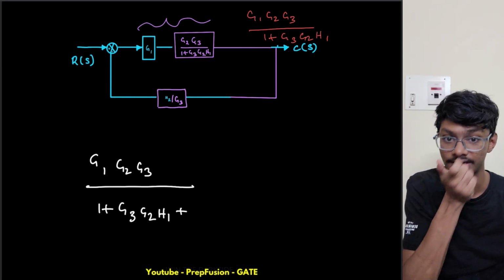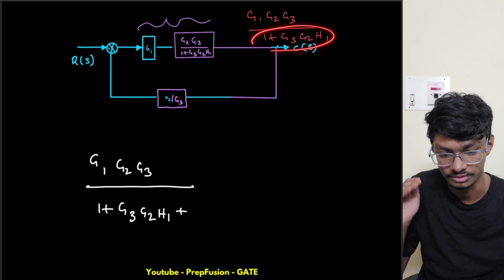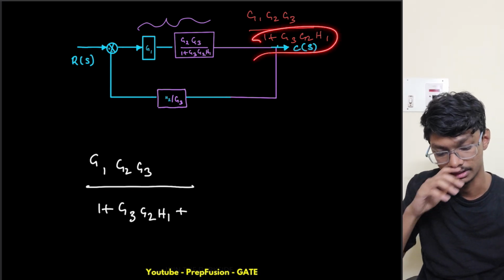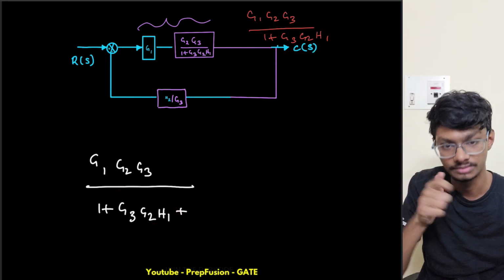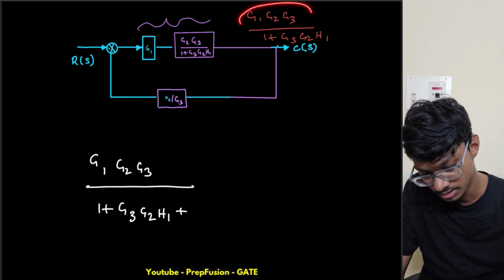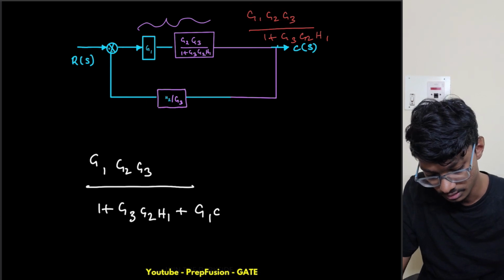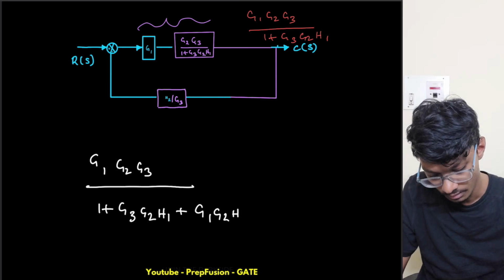Now what will this be? Simply g times h. So this will be g1 g2 g3 times h2 by g3. We are left with g1, g2, and h2 by g3, which is simply h2 only.